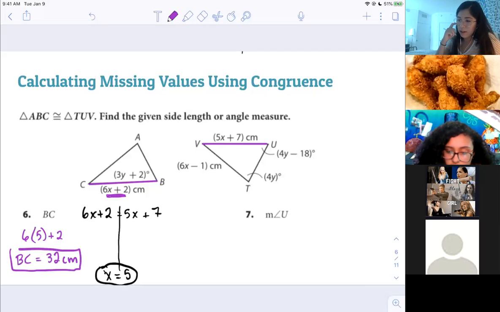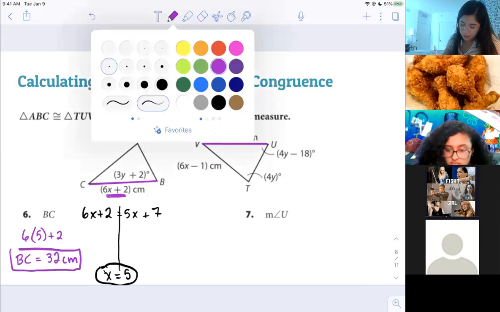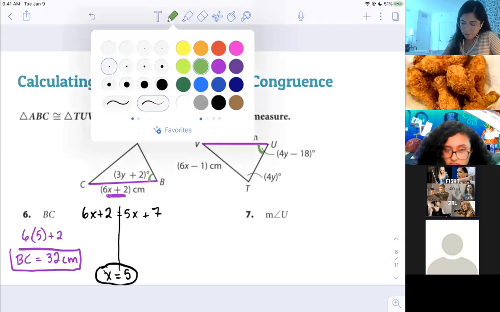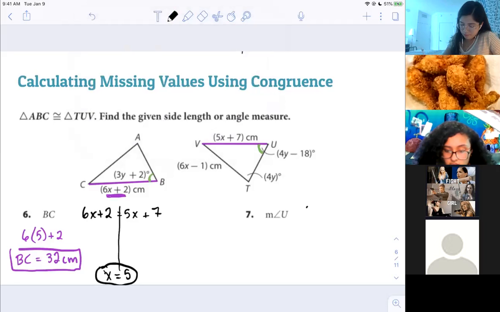Perfect. Similarly, on the other triangle, what is the equation I'm going to set up? I'm looking for angle U, and what's the corresponding angle on the other triangle? B. Good. So what equation can I set up? 3y plus 2 equals 4y minus 18.